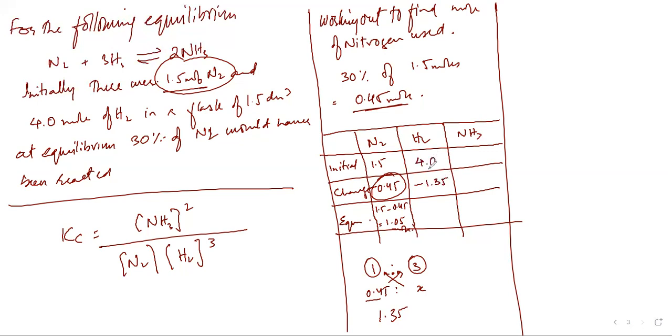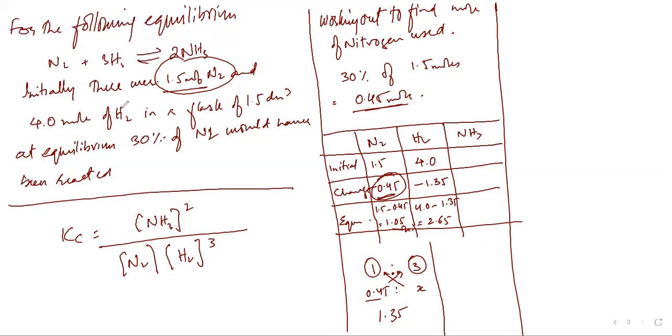The total moles were 4. So 4.0 minus 1.35 is equal to around 2.65. And according to the same, if 30% of nitrogen is used, 0.45 moles of nitrogen is used, so I can calculate how much ammonia would be produced at equilibrium.